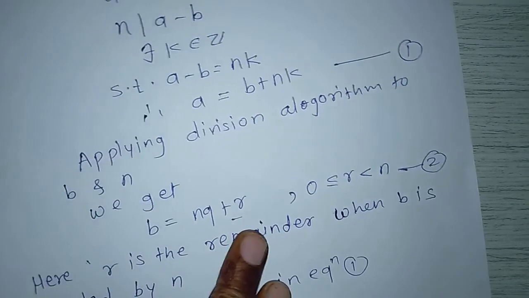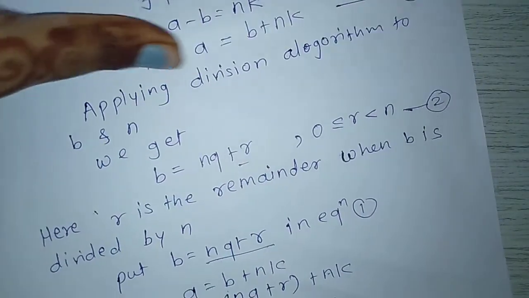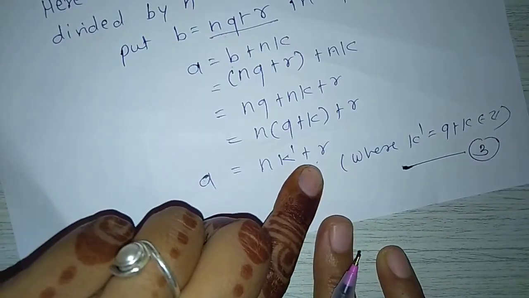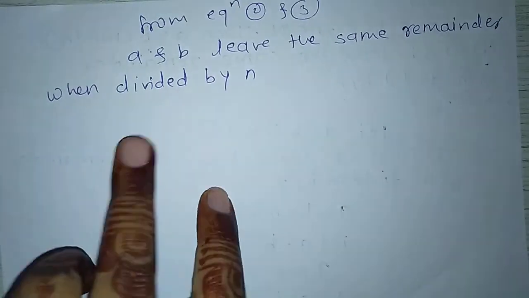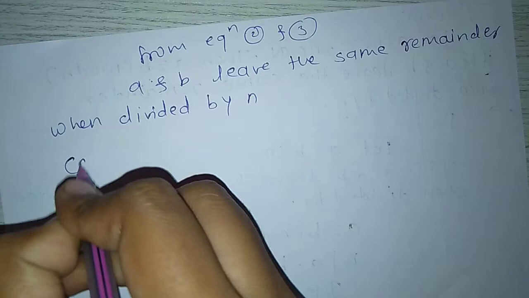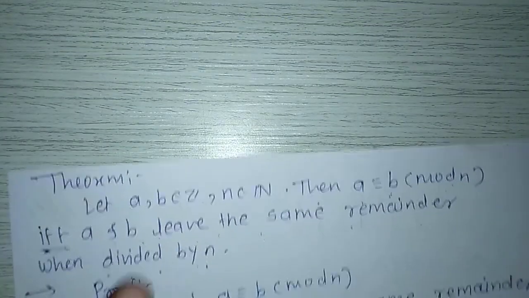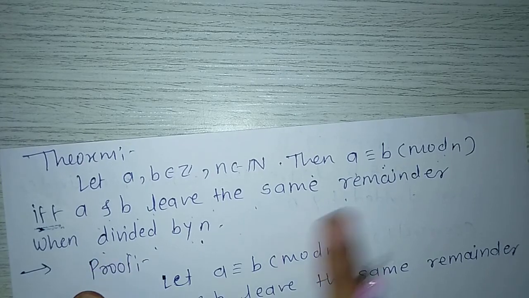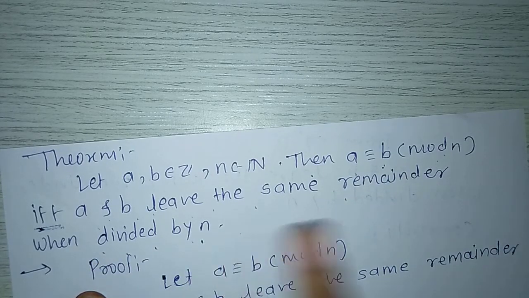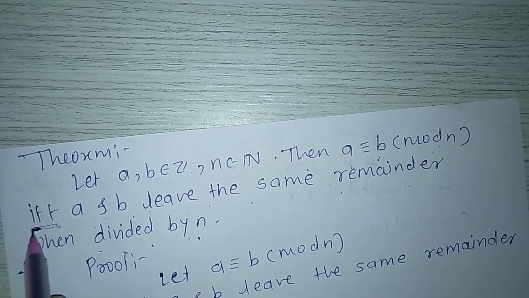Here in equation 2 remainder is r, and here equation number 3 remainder is r. That's why we say that a and b leave the same remainder when divided by n. Conversely, suppose a and b leave the same remainder when divided by n, and then show that a is congruent to b modulo n, because the statement is in the if and only if form.